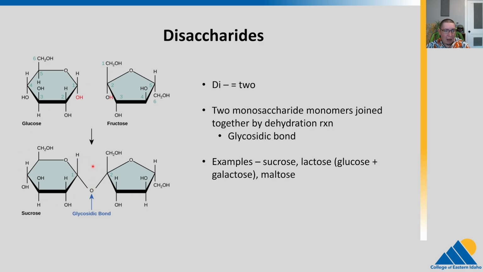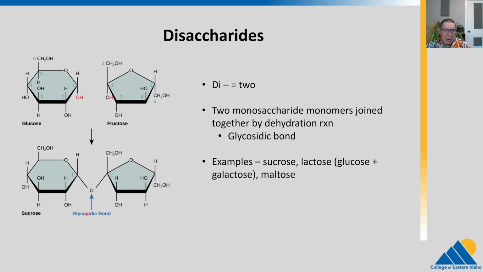Sucrose is a disaccharide. It's made up of a glucose monomer and a fructose monomer. Sucrose is your table sugar. If you bake, you usually use sucrose sugar if you're putting it into your cookies or whatever. Your body, when you eat that sugar, will then have to break down this bond and release the glucose and the fructose to be metabolized into energy.